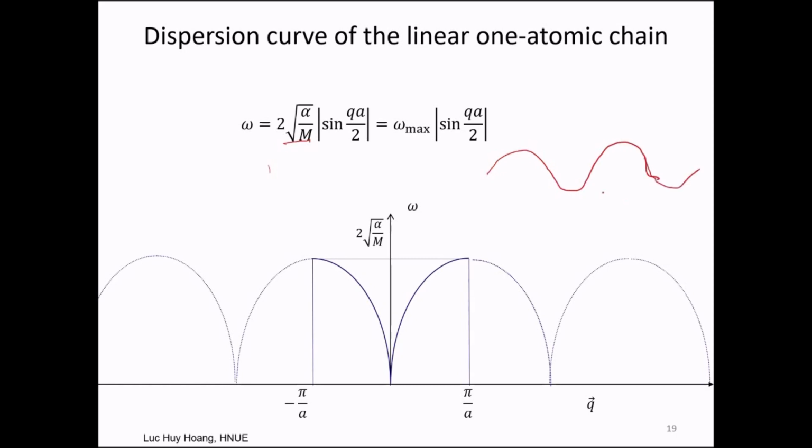Sorry, it's not good. Okay, but we take the modulus. So the modulus should be like this. So the lower part should go up compared to here, right? Up to here. And we remove this one, so the dependence should be like this. This part, I change the color.